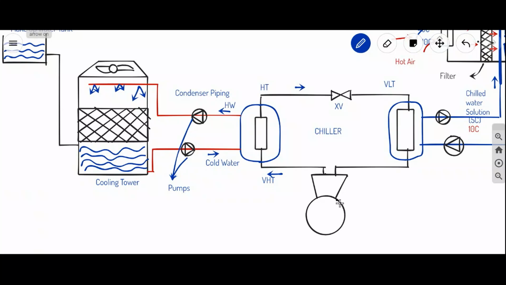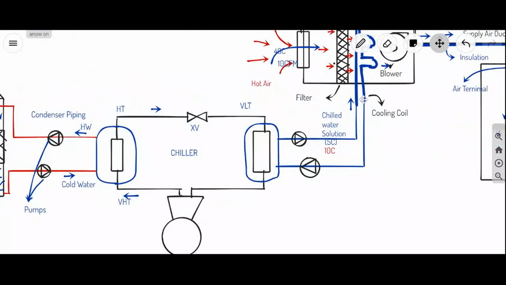This chilled refrigerant will enter the evaporator. This pipe is called chilled water piping, and it is already charged, filled with water.